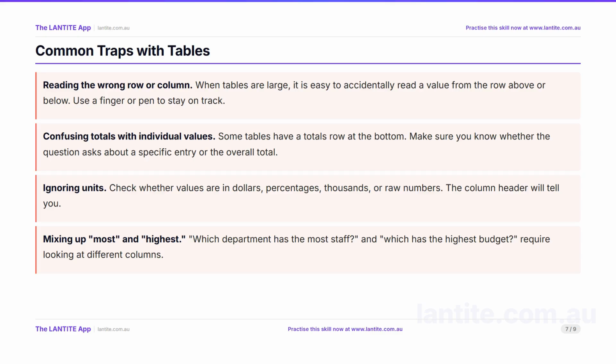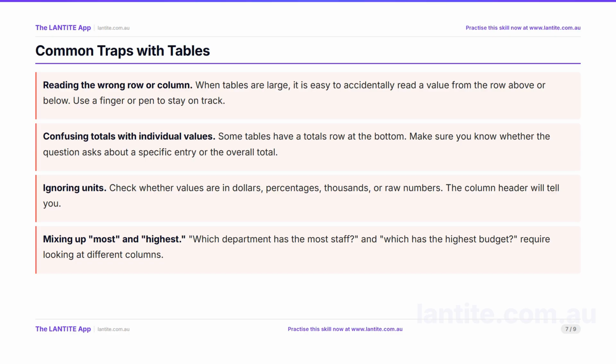Let us talk about the common traps with tables. First, reading the wrong row or column. When tables are large, it is easy to accidentally slip onto the row above or below. Use a finger or pen to stay on track. Second, confusing totals with individual values. Some tables have a totals row at the bottom. Make sure the question is asking about one specific entry, not the overall total.